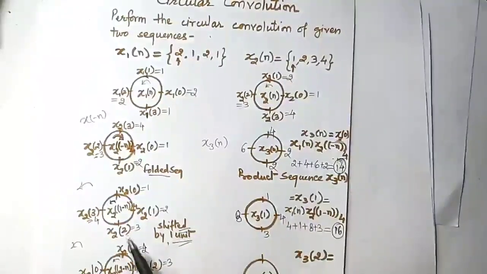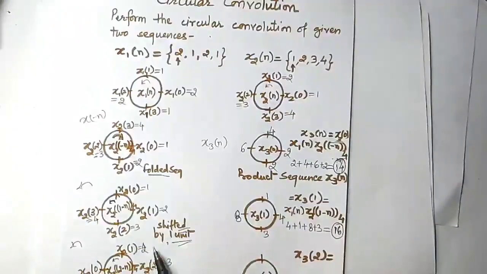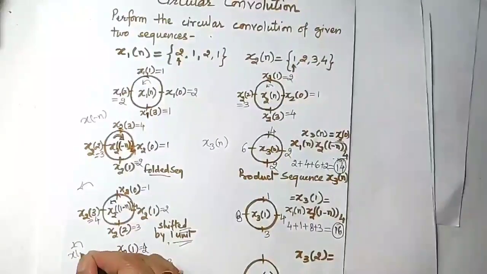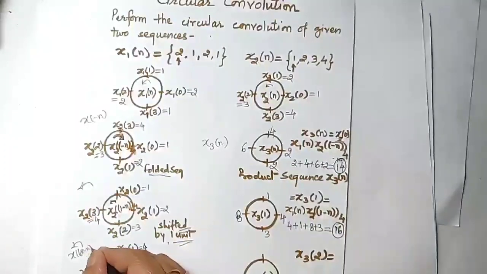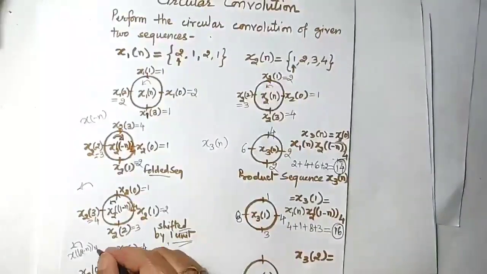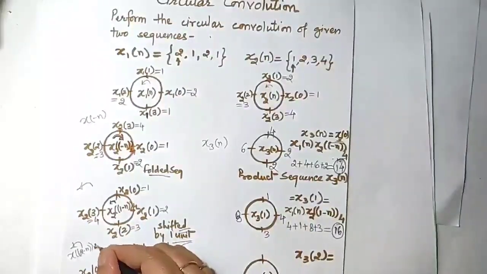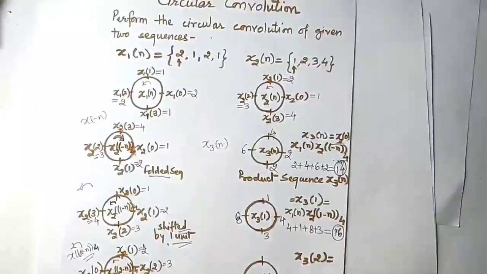Okay. Now again we shift it by 1 unit. So we get here x2[-n]. Actually we are shifting and we are getting this modulo in this manner, and this capital N is 4, so it would be modulo 4. So this is the shifting.